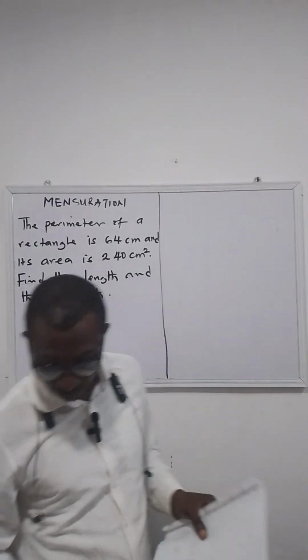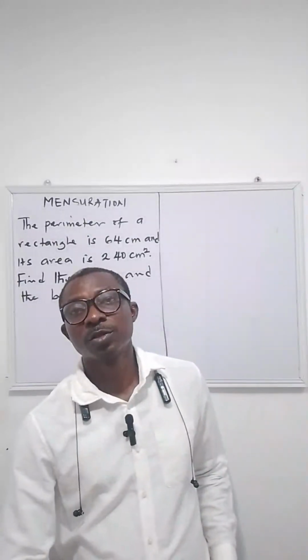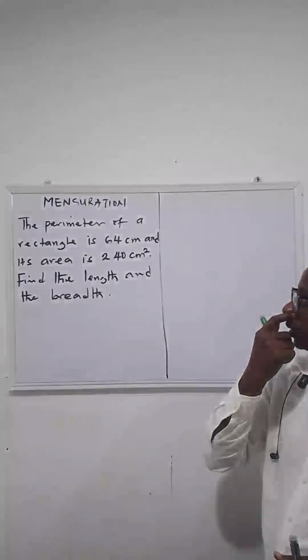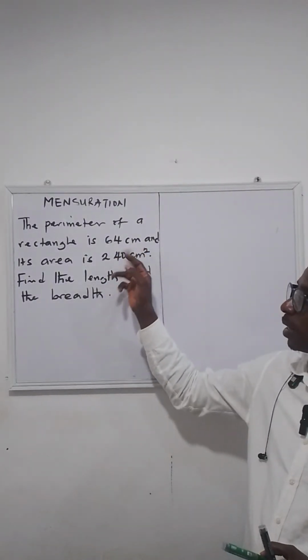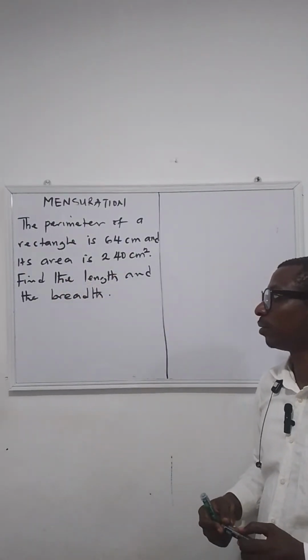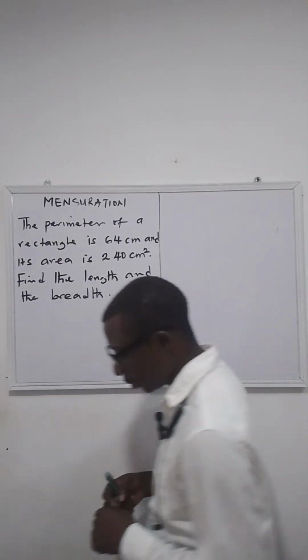Okay, can we all see the question? So, how do you solve this problem? The perimeter of a rectangle is 64 centimeters and its area is 240. We have to find the length and the breadth. So how do we do this?